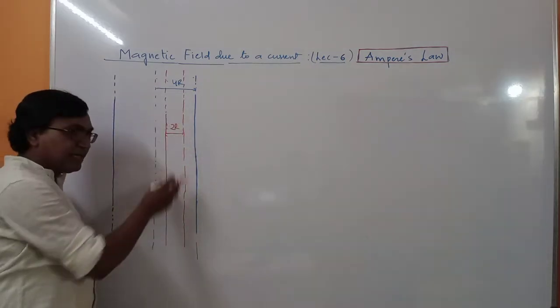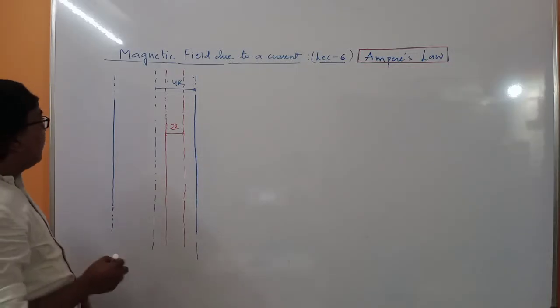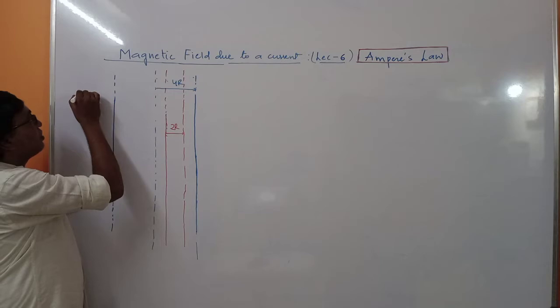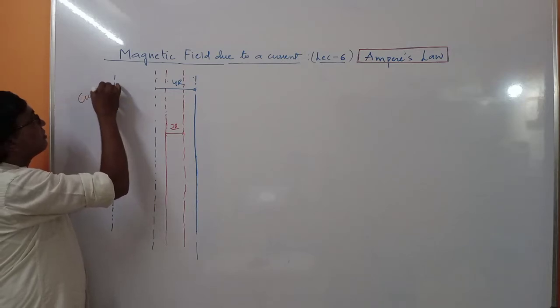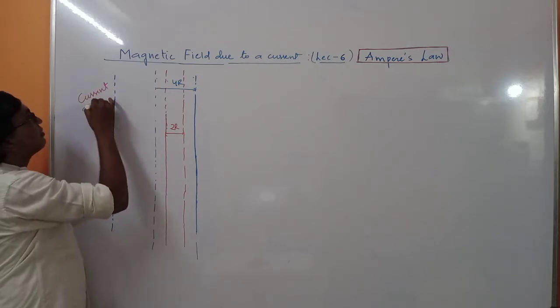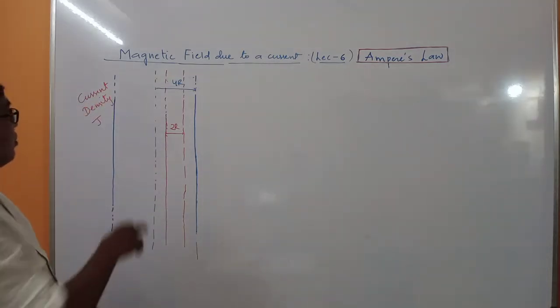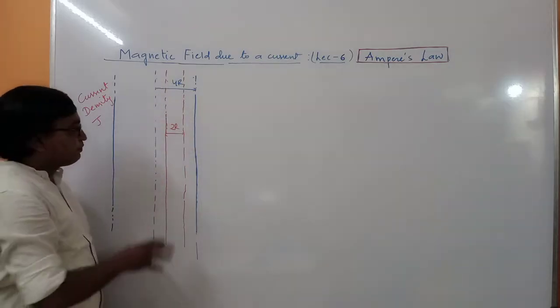So in the cavity, nothing is there. And let us say the current density through this wire is J. Okay, so this is the axis of the wire.